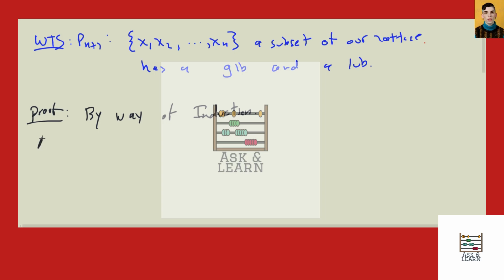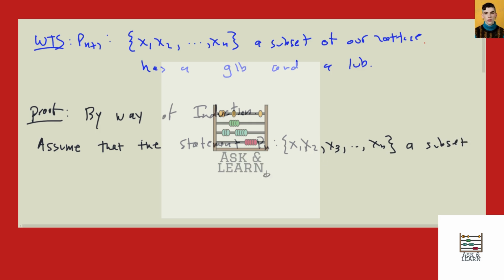So we want to assume that the statement Pn, being x1, x2, x3, dot, dot, dot, all the way up to xn, a subset of our lattice, has a greatest lower bound and a least upper bound.